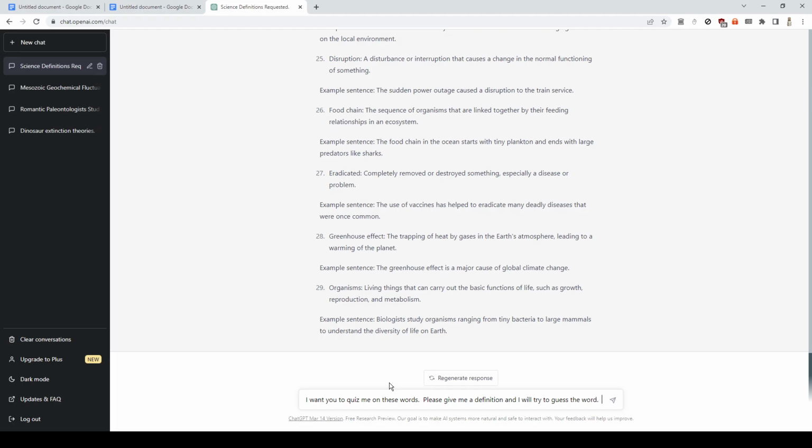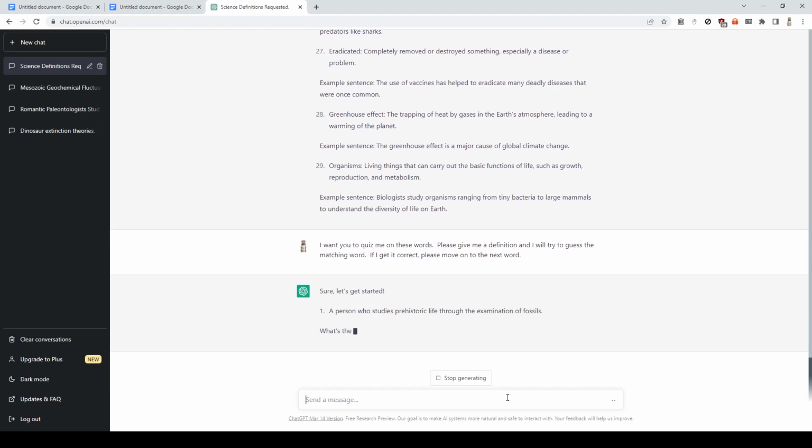If I get it correct, please move on to the next word. So I think that looks to be pretty specific, right? I want you to quiz me on these words. Please give me a definition, and I will try to guess the matching word. If I get it correct, please move on to the next word. Let's see what happens.